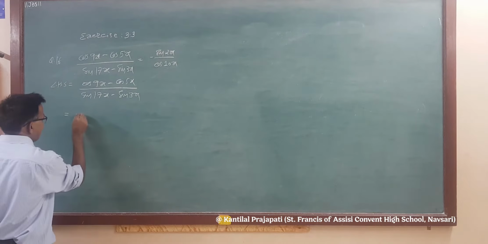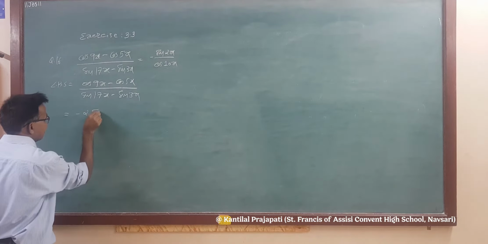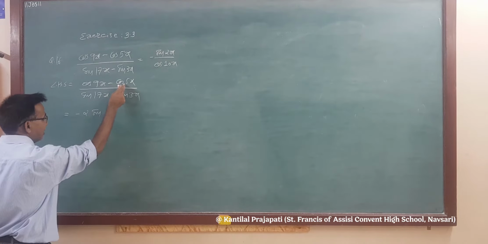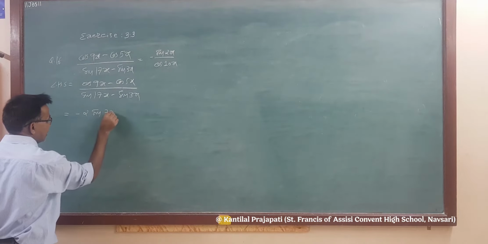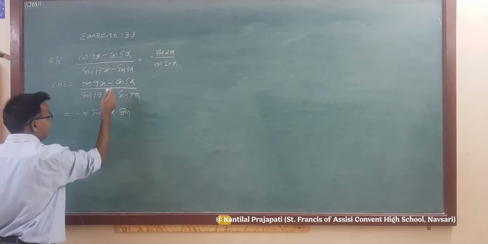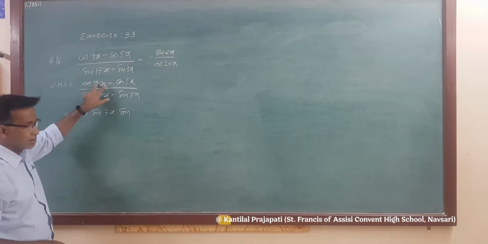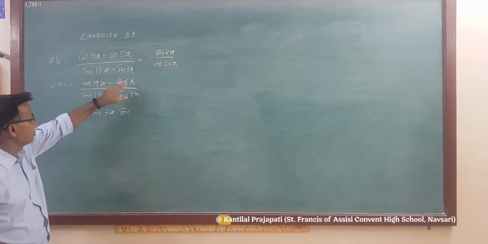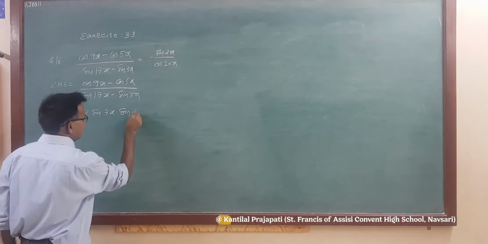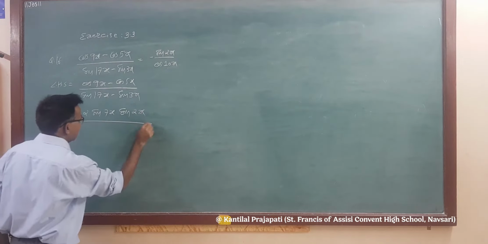So we write minus 2 sin of the sum of angles, 9 plus 5, 14, 14 by 2 is 7x. Then again sin, the difference of angle 9x minus 5x is 4x, 4x divided by 2 we get 2x.